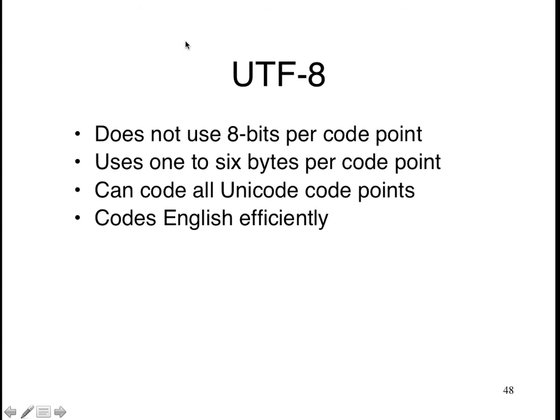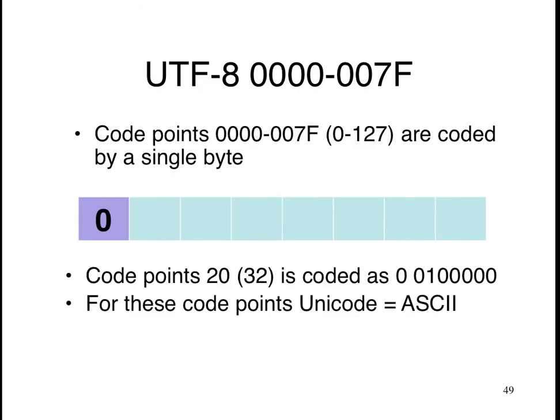Okay, so I just wanted to recap here on how UTF-8 works. So we just need to see how that works. Like we saw before, for the code points from 0 to 127, the first bit of the byte is going to be 0.